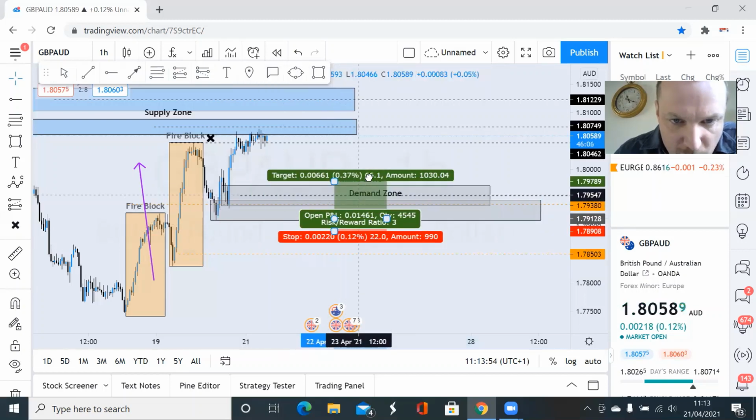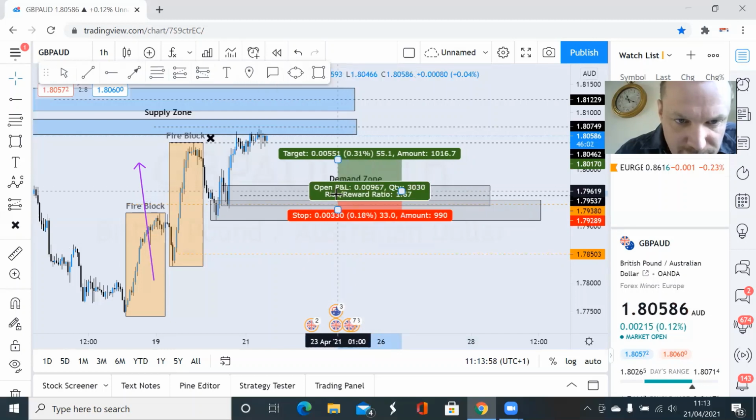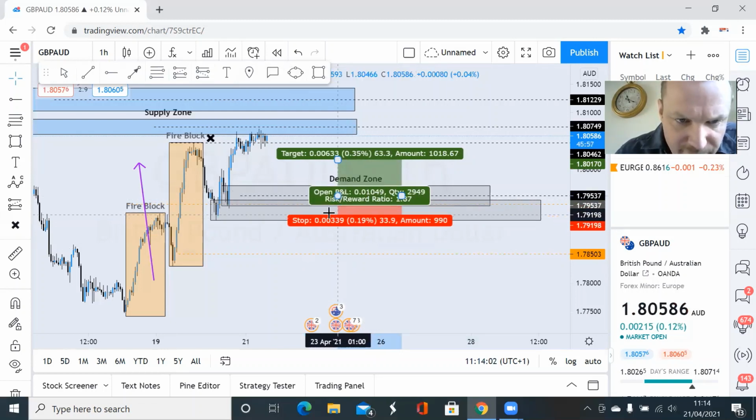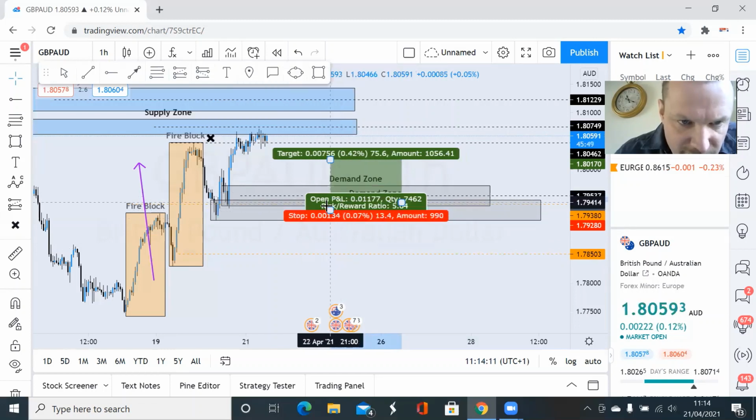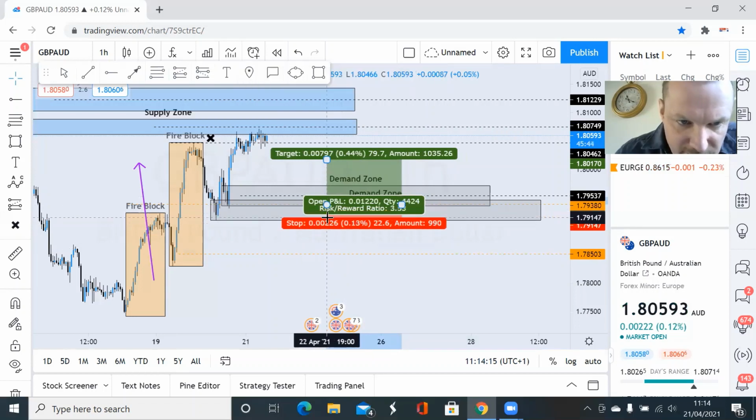I would personally probably go for an entry there. Okay, and I would have the stop. In fact, I would play it safe. I would go for that one there, and I would have that below there.